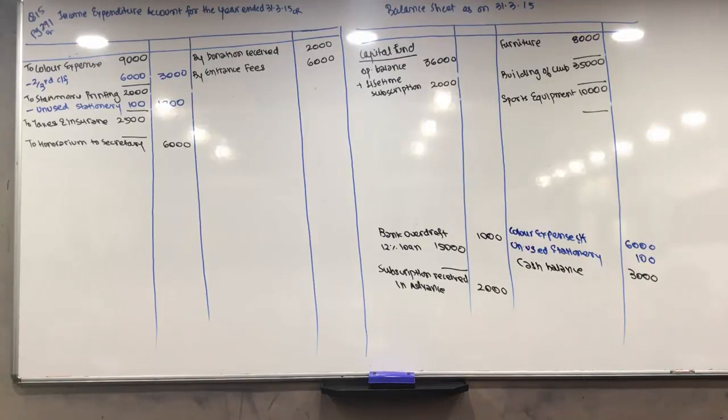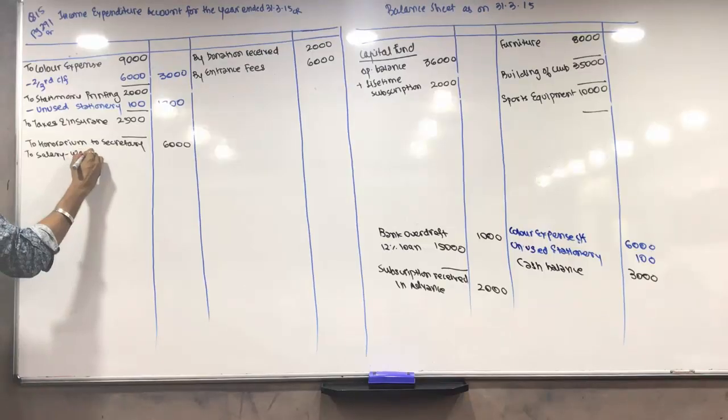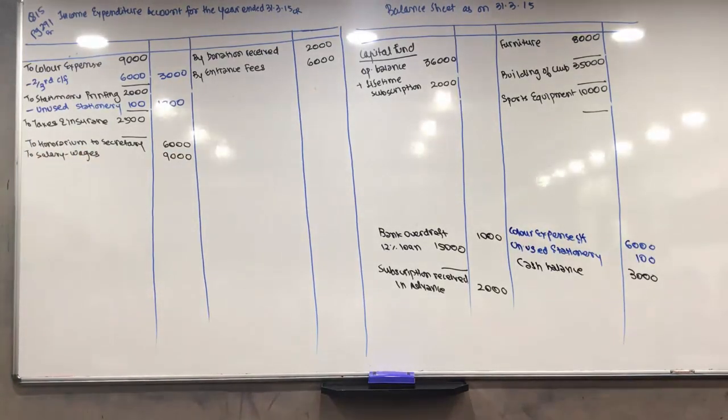Salary and wages 9,000. Outstanding salary amount is 1,000.